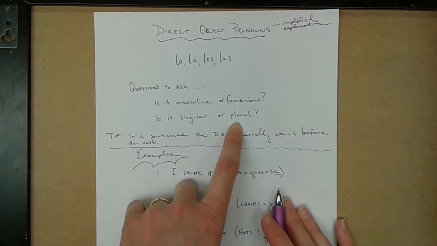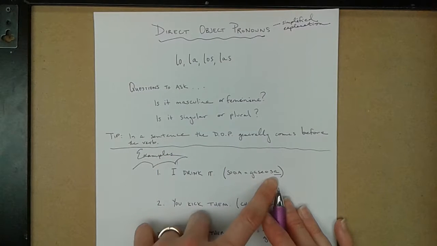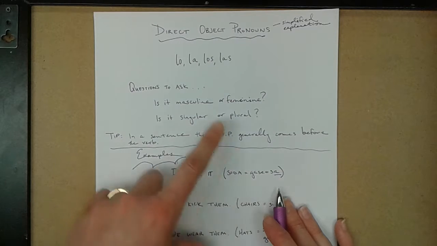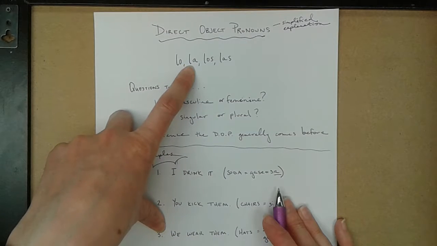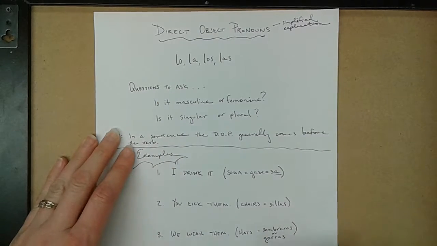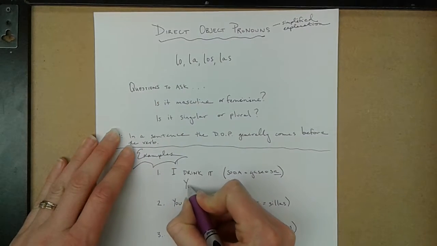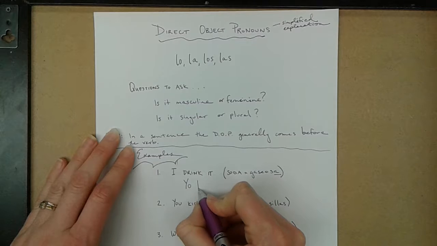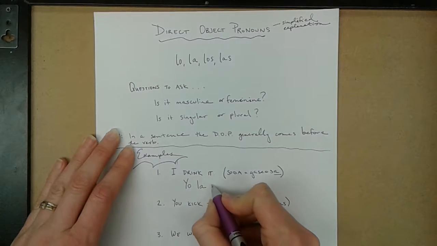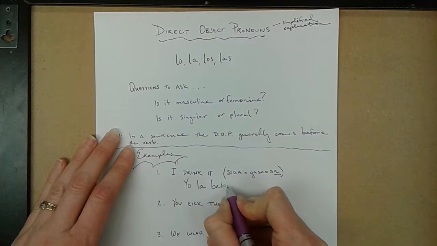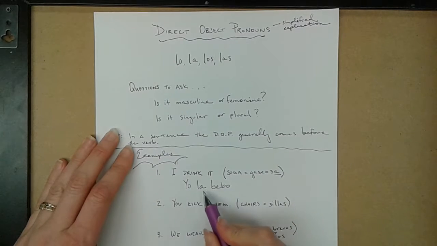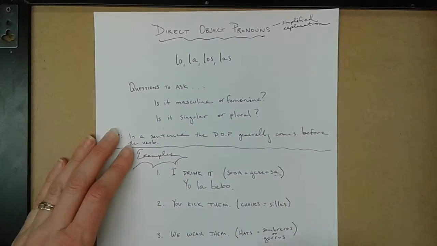Now, is it singular or plural? There's no S at the end, so it's singular. So now we know that the pronoun we'll use is la. So I drink it. Yo is I. La, it, bebo. I drink it. Yo la bebo.